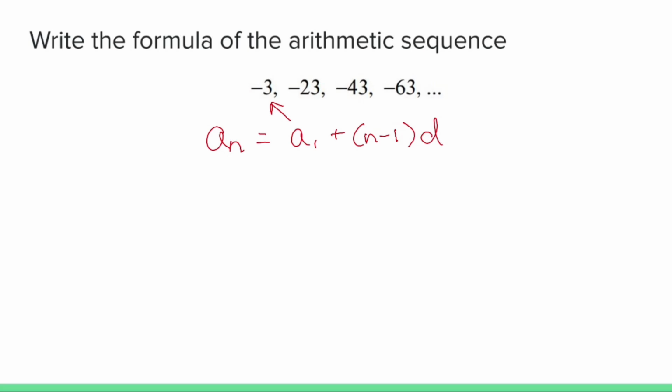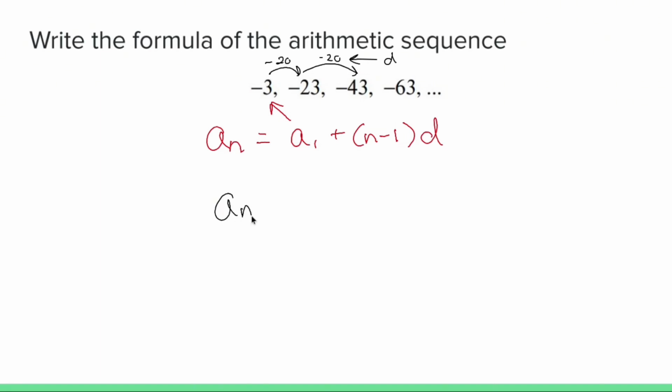Now, the common difference is what you add to get from this number to the next number, this number to the next number. And it looks like what we're doing to get from -3 to -23 is we subtract 20, or we add -20. So that's going to be our common difference.